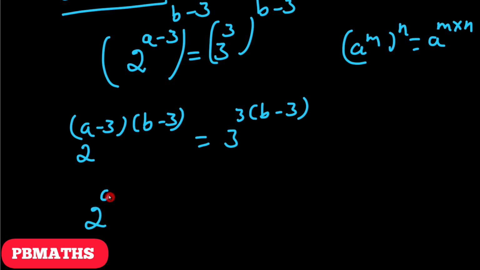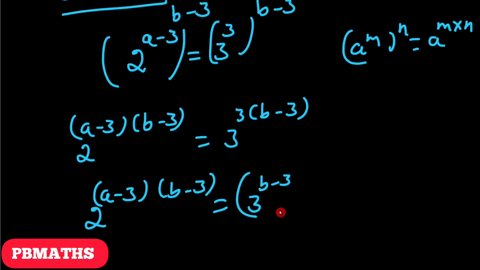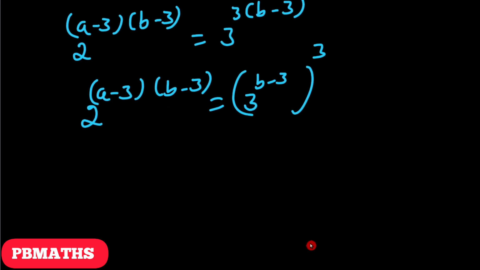We will retain this LHS part as it is. We can modify this RHS part using this law as (3 to the power b minus 3) to the whole power 3, again using this same law. Further, we will keep this LHS part as it is, 2 to the power (a minus 3) times (b minus 3).